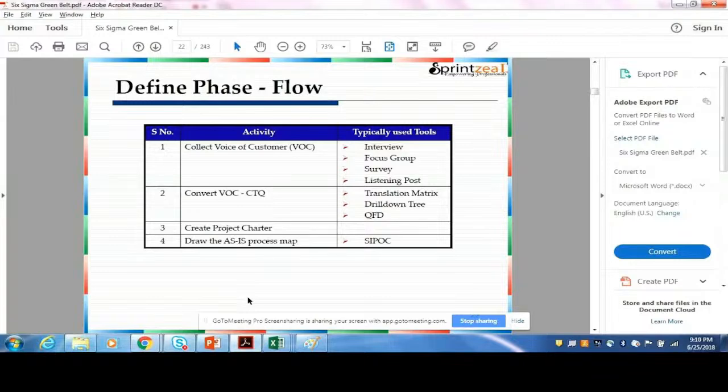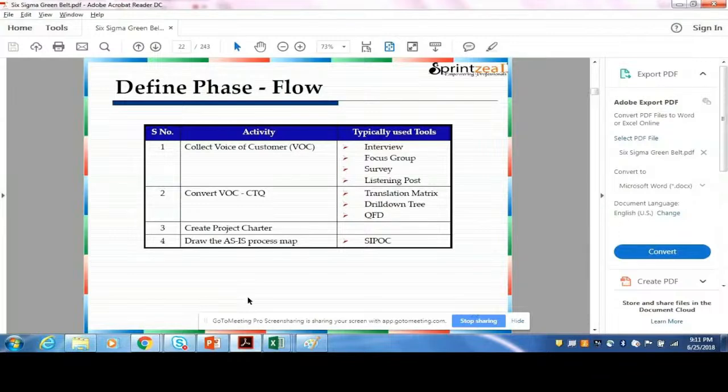So this particular project charter is like a sales pitch of the project, and it has a few components that need to be there in the project charter. We'll go through an example of a project charter as well, so that you are able to relate to it. And as you've been part of a Six Sigma project, you would have already seen one of the project charters in your organization.